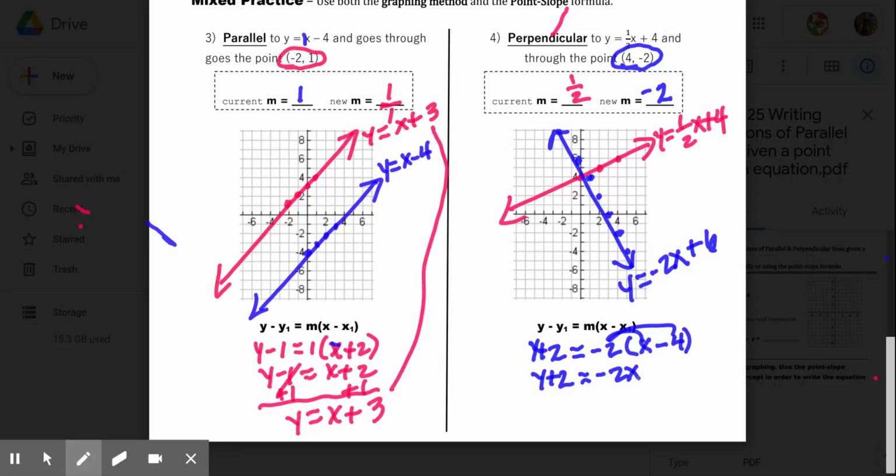And -2 times -4 is +8. And then we're going to subtract 2 and put your -2 underneath the 8 over here. So y equals -2x plus 6. So you see these equations are the same.